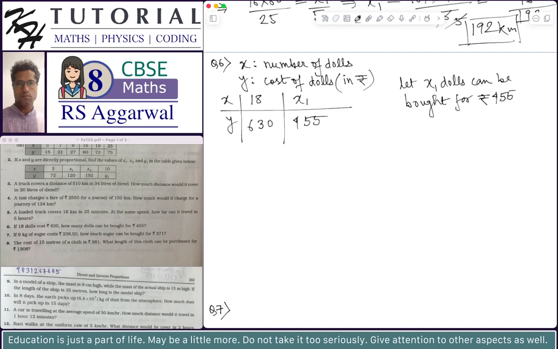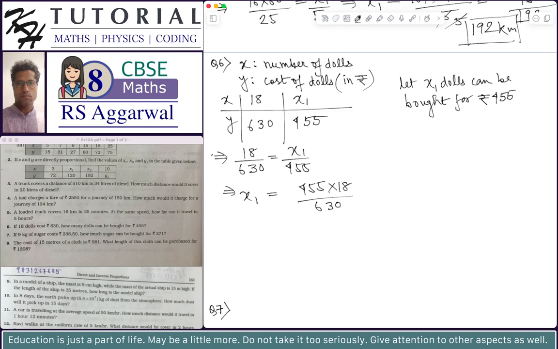And now applying the concept, we know the ratio of x by y should be constant. We can say that 18 by 630 should be equal to x1 by 455. From here we can solve for x1 by using cross multiplication, and we have x1 is equal to 455 multiplied by 18 divided by 630. Okay.